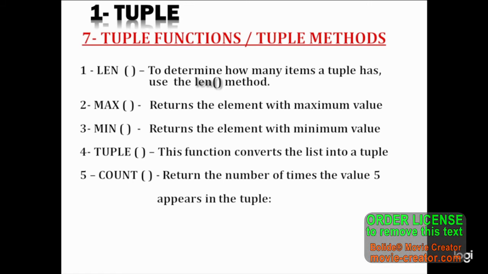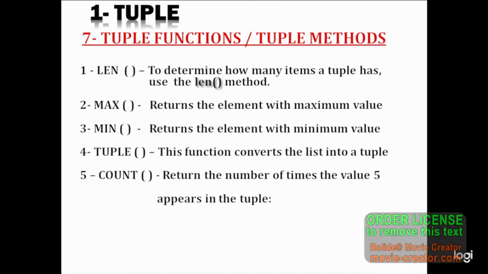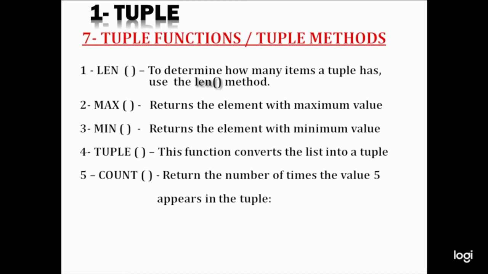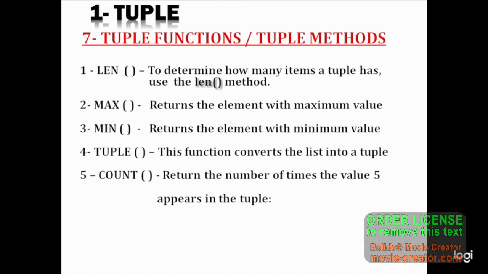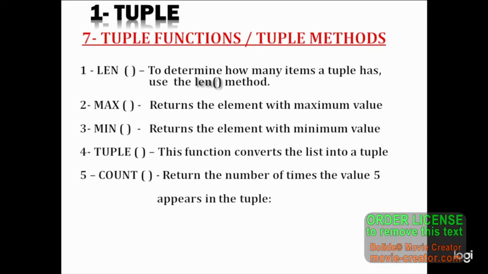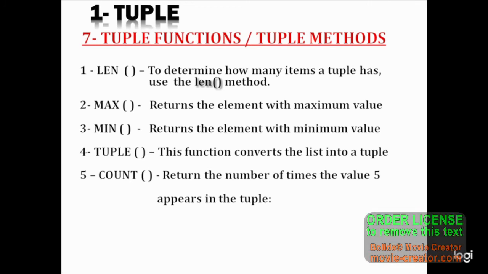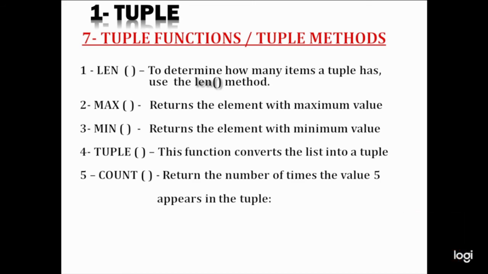Fifth one is count. The count function returns the number of times a specific item appears in the tuple, or the frequency of a specific item in the tuple collection. Suppose any tuple item is present 2 times, then count will return 2.